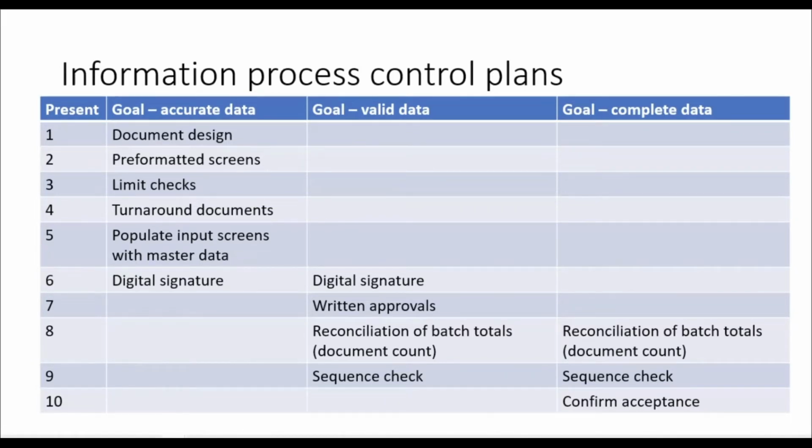And obtaining written approvals assist in valid data. Conducting reconciliations, for example, on batch totals with document counts assist in having valid and complete data, and conducting sequence check assists in valid and complete data. Confirming acceptance assists in ensuring data are complete.